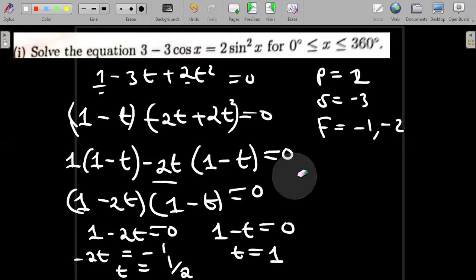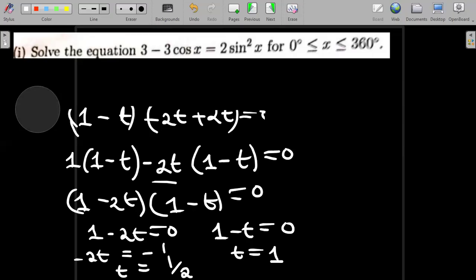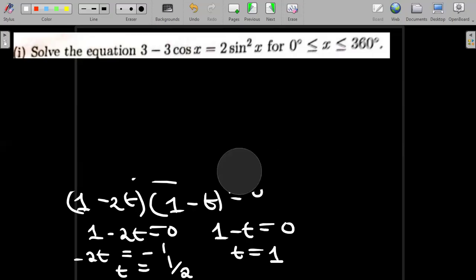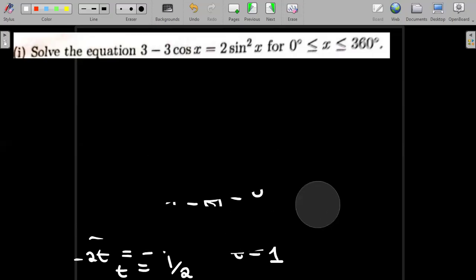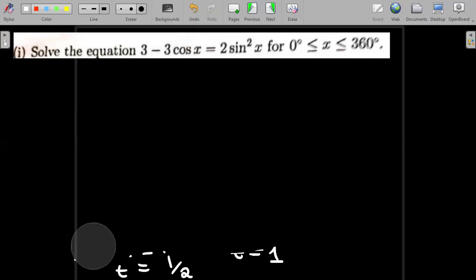So with the values of t equal to 1 and half, I can use the equation which I had come up with at first. We had that cos x must be equal to t.